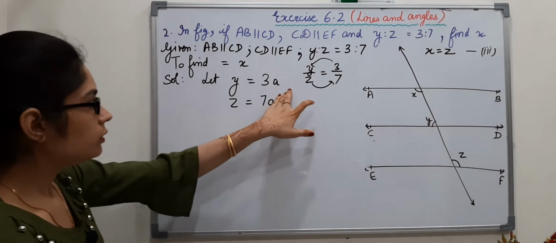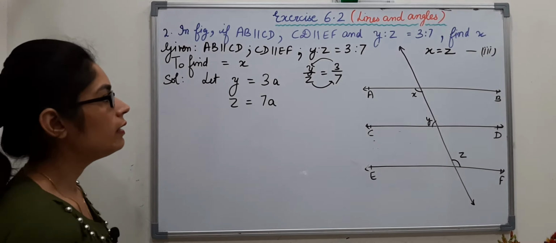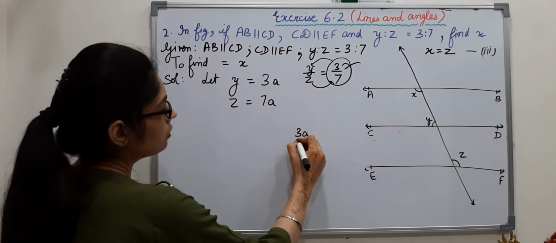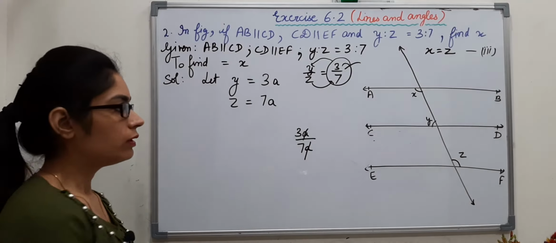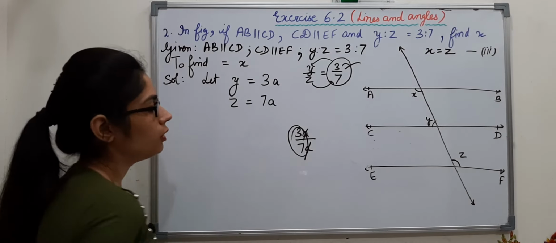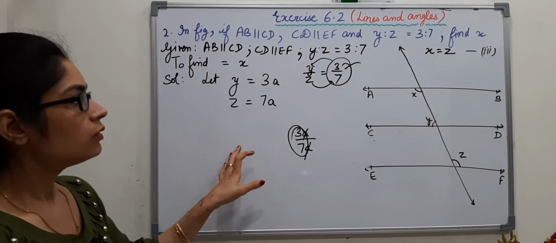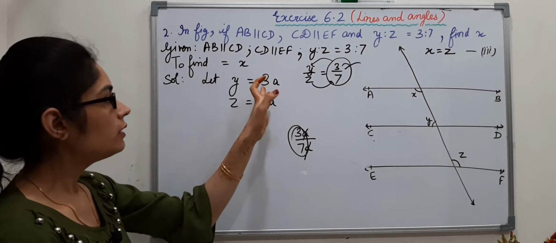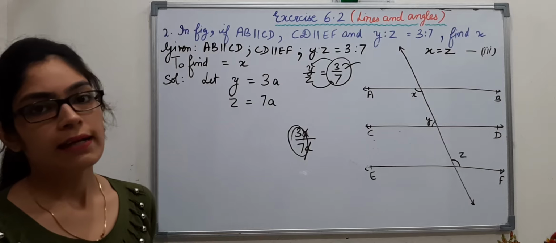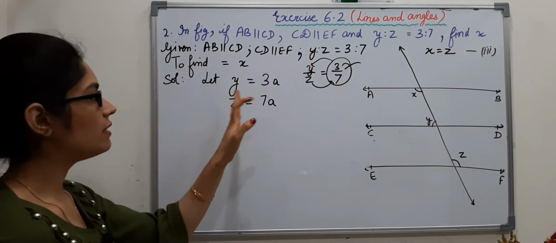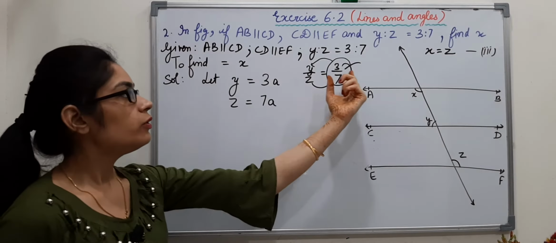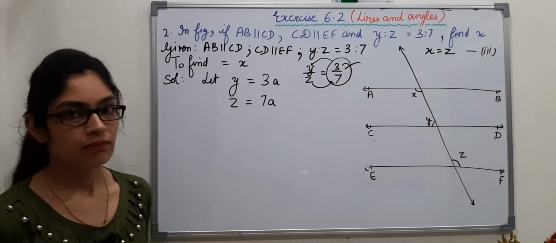The ratio is the reduced form of some numbers, so the common multiple gets cancelled and we are left with the smallest reduced form. That's why we always assume it as 3a and 7a. Directly we cannot assume y is equal to 3 and z is equal to 7, because the reduced form is given to us.